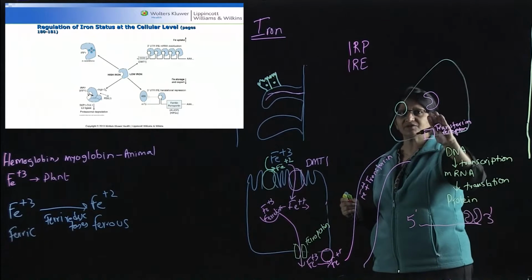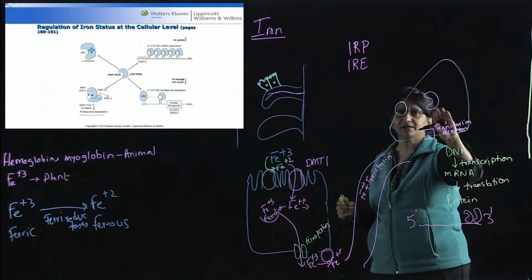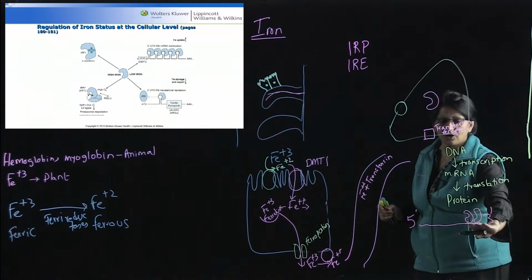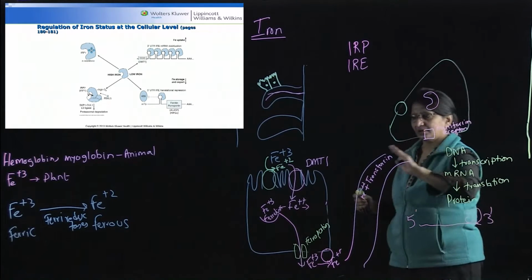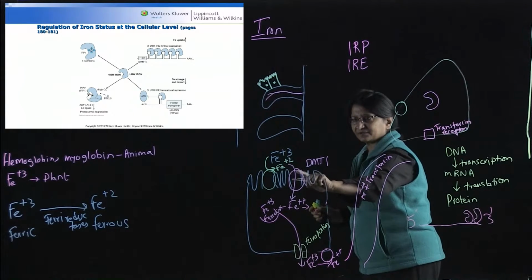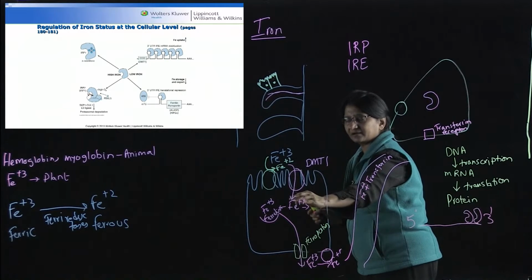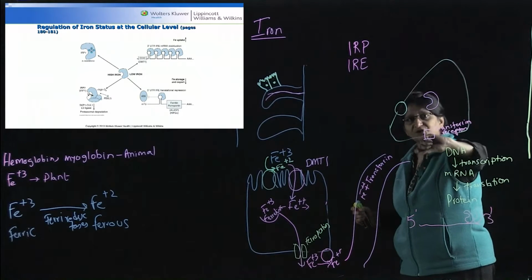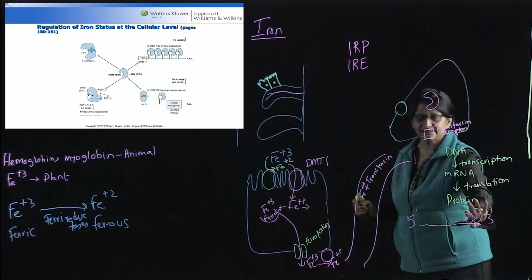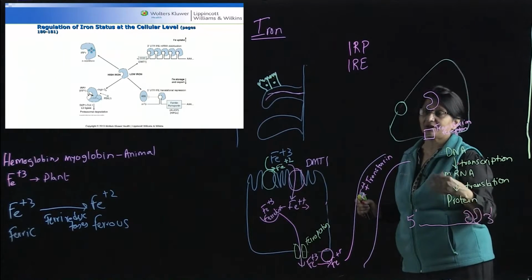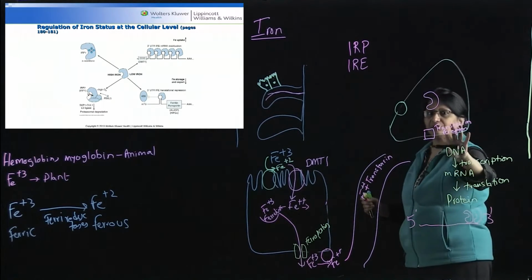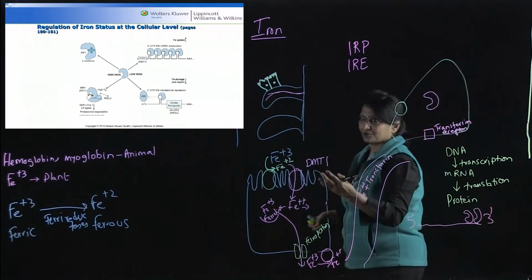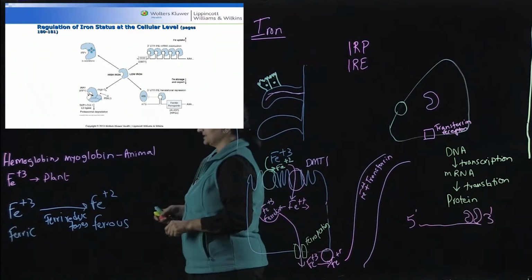So, under low iron circumstances, these iron regulatory proteins will go and sit on the 3' end of the mRNA of DMT1, the function of which is to take in iron, as well as the transferrin receptor, which also takes in iron. And by sitting there, they're increasing the expression. By stabilizing the mRNA, you have a greater amount of these proteins, which are then able to take up more iron into the cell, and so you resolve the problem at that point in time.